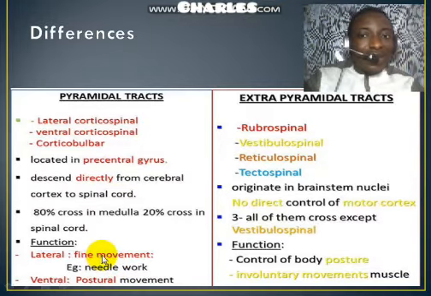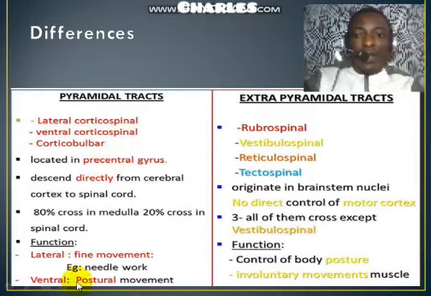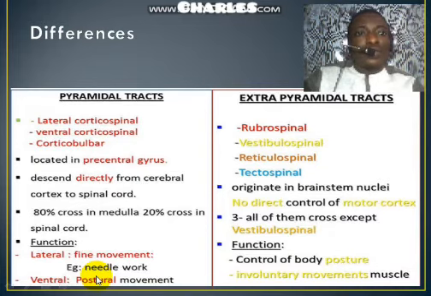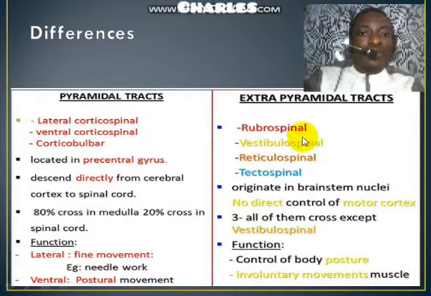That is the lateral component of the pyramidal tract, whereas the ventral aspect controls muscles of the proximal limbs. So they are involved in posture and postural adjustments. Now, for the extrapyramidal tract, I said there are four types. They originate in the brainstem nuclei.